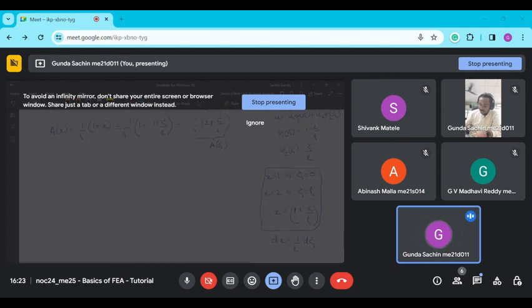So x is this one, so dx will be 1 by L d zeta. Now you can convert everything in terms of zeta.